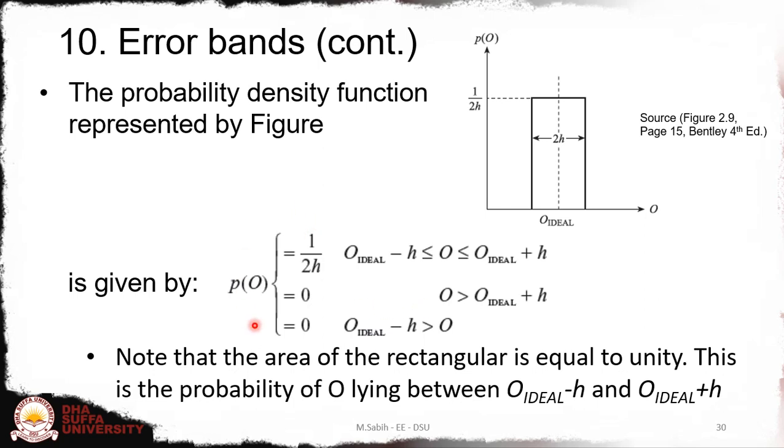The mathematical model is that within ideal plus or minus h it is 1/(2h), above ideal plus h it is 0, and below ideal minus h it is also 0. Note that the area of the rectangle is equal to unity, because this is a probability, the probability of the output lying between ideal minus h and ideal plus h.